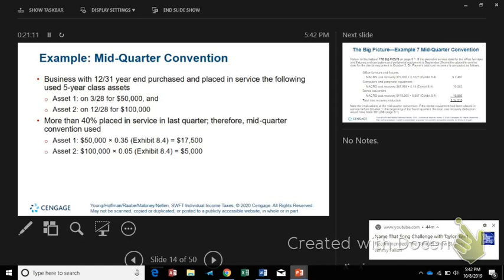So thinking about that and what I just told you, you've got two different methods that we can look at. I'm not sure I put the right slide up there, okay? The first one is half-year convention, which is what I have up there, and then you have mid-quarter. So what did I tell you was the rule for mid-quarter?